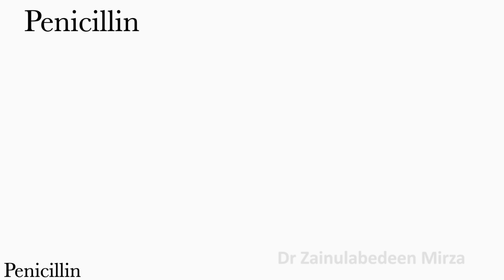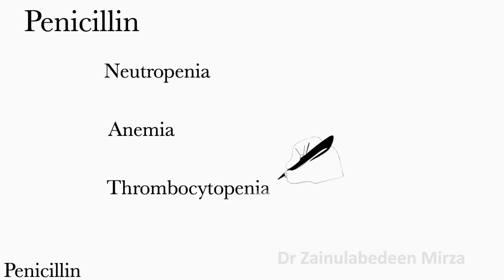Another adverse effect of high doses of penicillin is neutropenia, and rare adverse effects are anemia and thrombocytopenia.